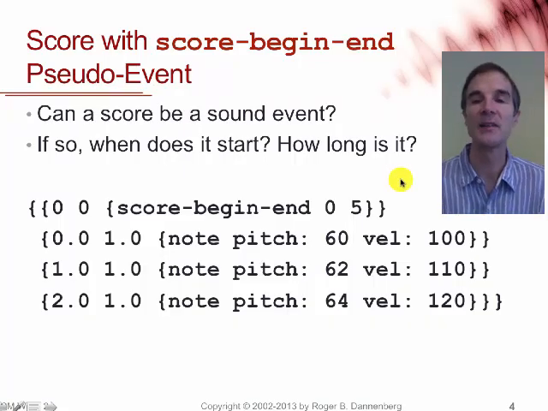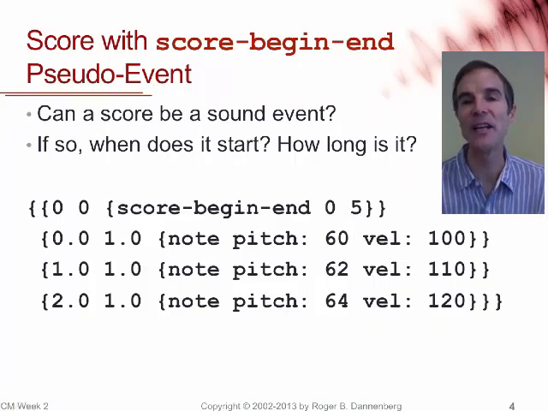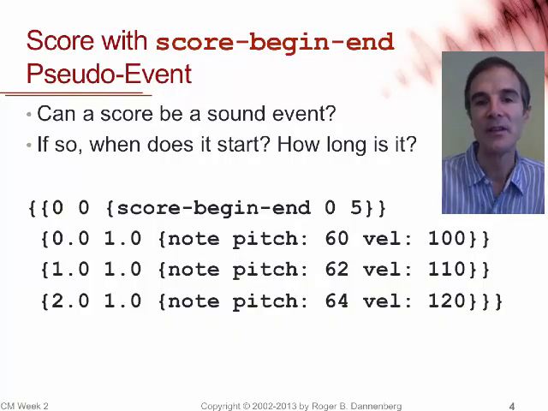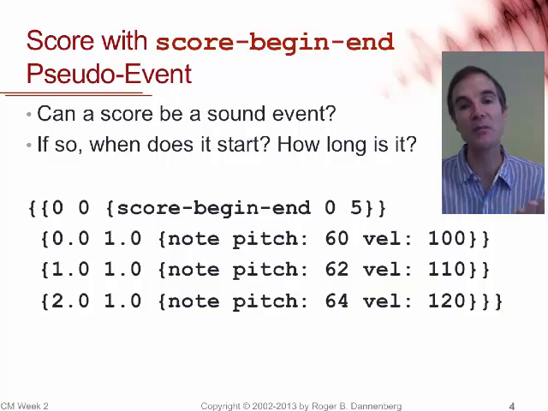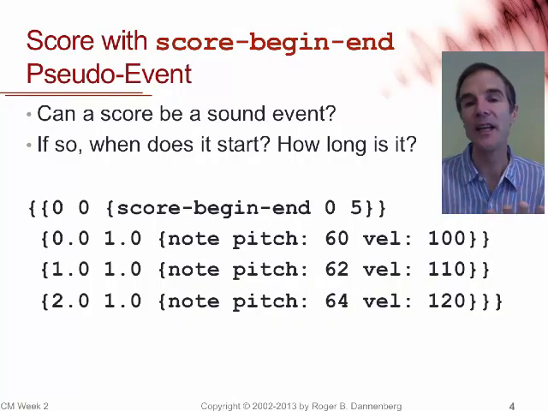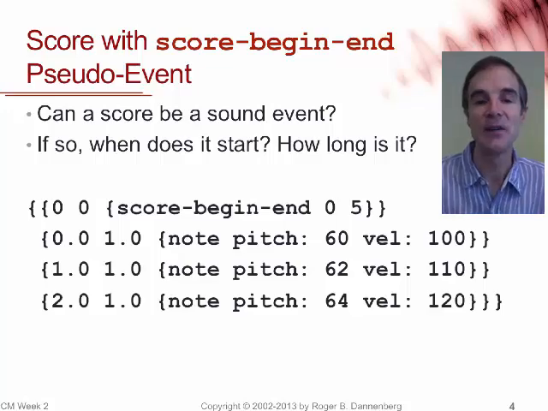Okay, so this is kind of a pseudo event. It's like an annotation that you can insert into a score, and it's meaningful to some functions that work with scores. So for example, if you wanted to splice 2 scores together, how would you find the end? This is how you find it.